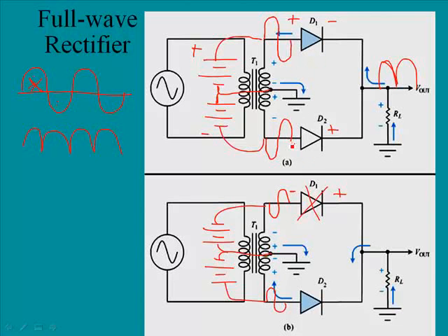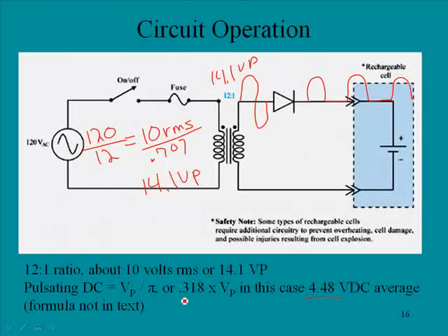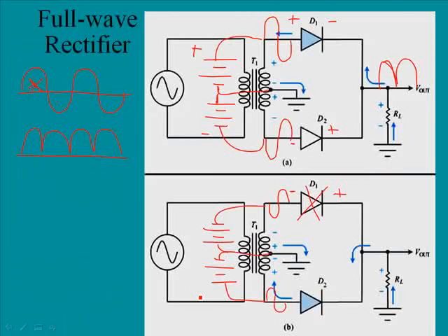If it's 60 cycles, it's switching 60 times a second, and our end result is that we have an output that looks kind of like this. It's pulsating DC, but now we have twice as many pulses as we did before. In fact, if we wanted to backtrack a bit, remember we said we had 0.318. Well, we're going to have twice that value with our full wave rectification.